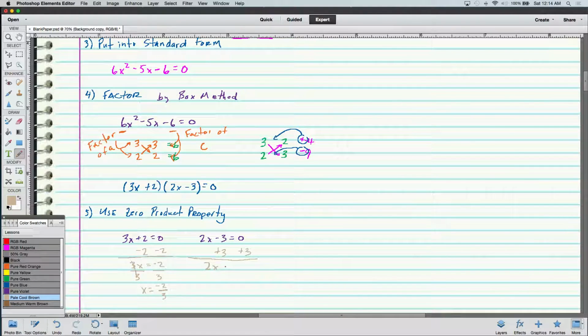We have 2x equals 3. Divide this by 2. And we're left with x equals 3 over 2. So written as a solution set, negative 2 over 3 and 3 over 2.